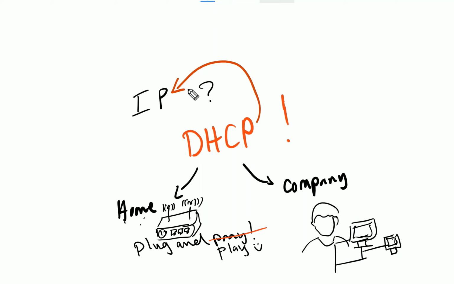Well, it depends. If you are at a company, then that would be the job of the network admin, the happy one there. That was not that happy. Make it better here. So the one who will configure the DHCP server for the hosts on the company network.